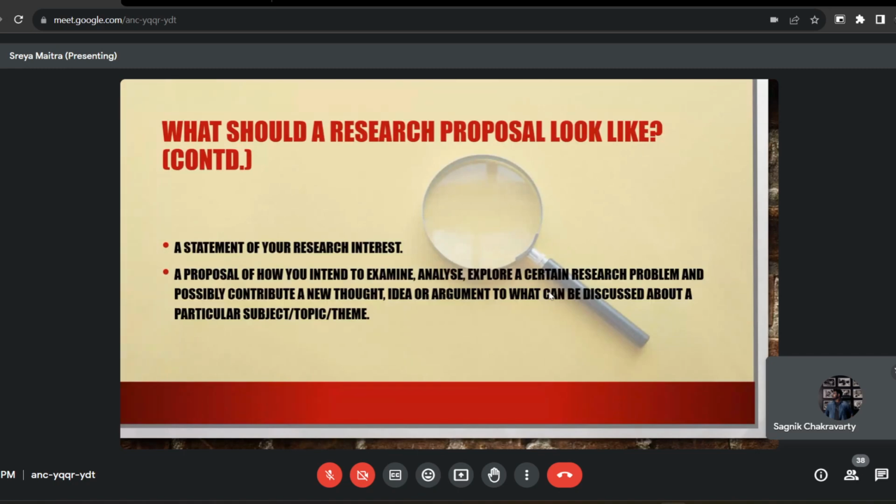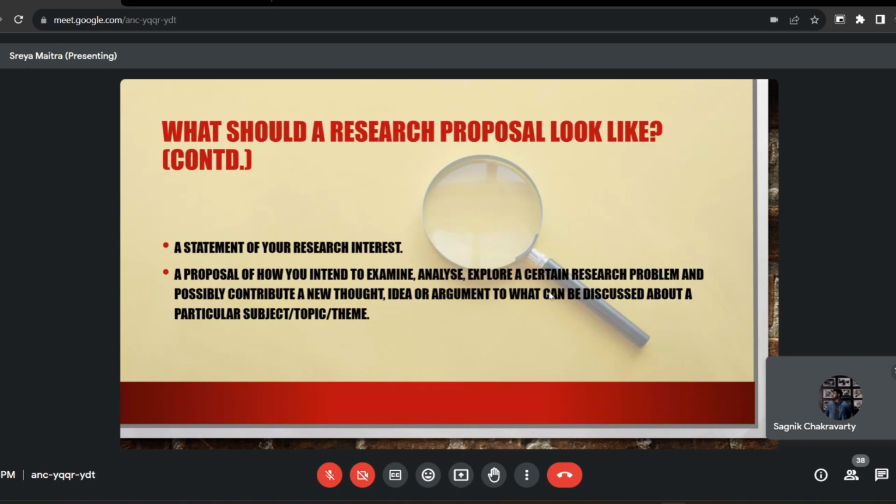And you will try to see within the research proposal itself if you can possibly contribute a new thought, a new idea, or a new argument, and add to what is already being discussed about that particular subject, topic, or theme.